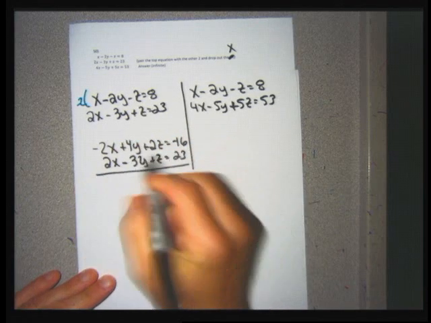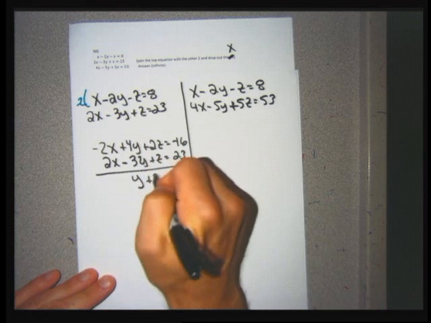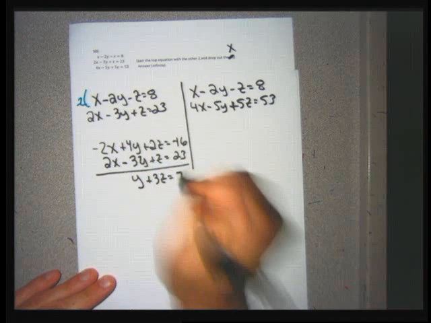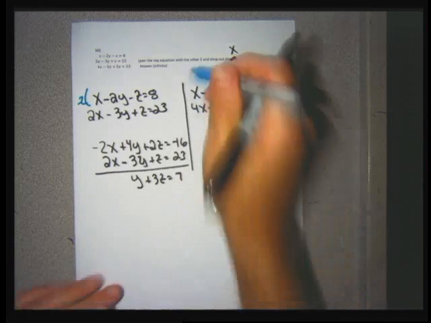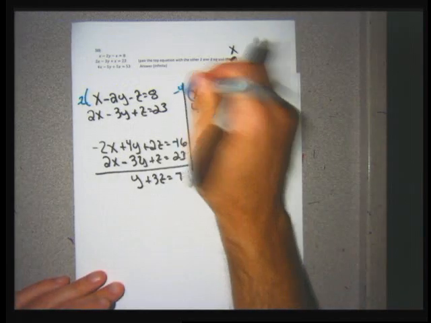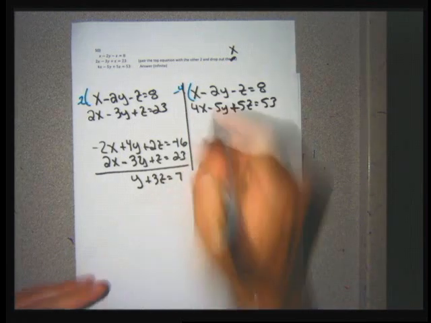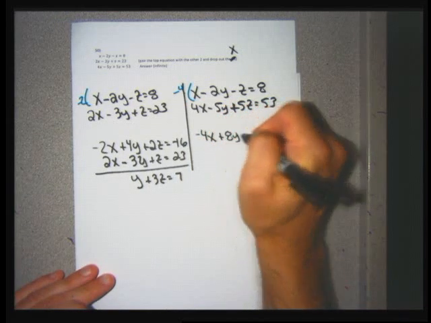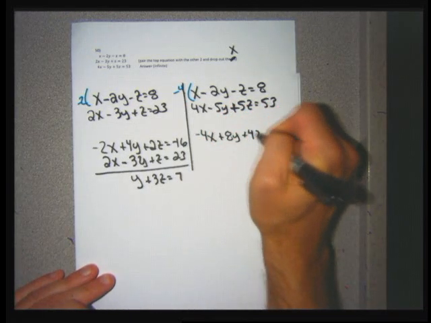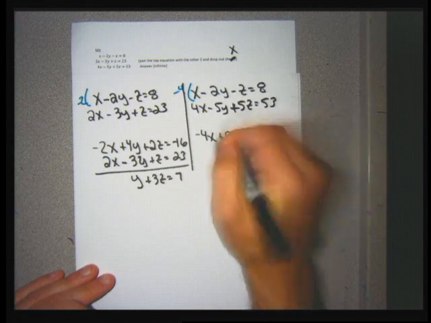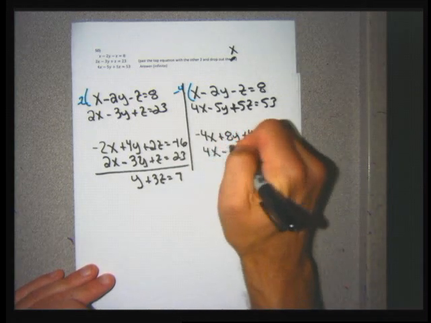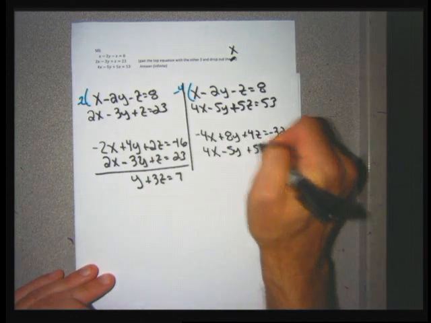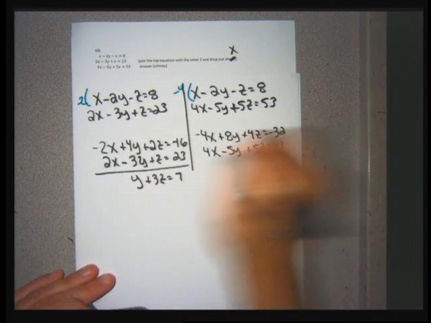When I stack these, I get y plus 3z equals 7. For the next pair, I'm going to multiply the top by negative 4, and I'll get negative 4x plus 8y plus 4z equals negative 32 on top of 4x minus 5y plus 5z equals 53.